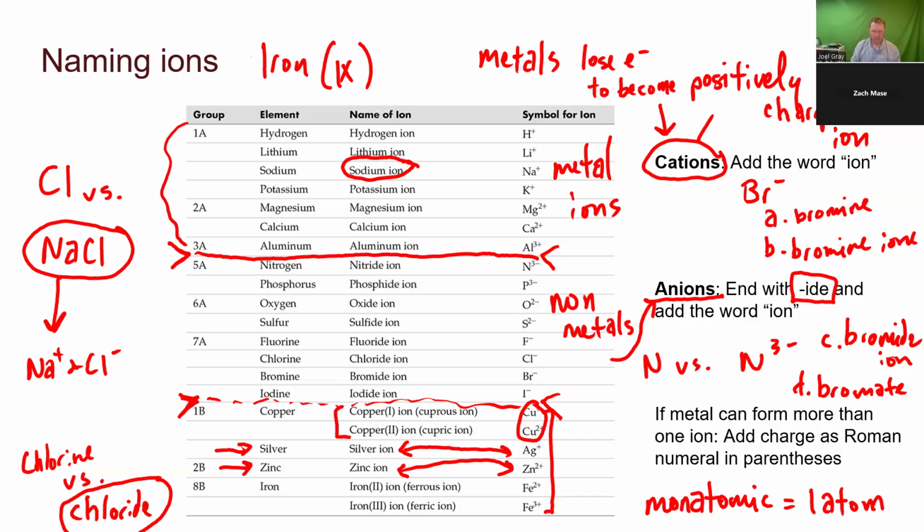If that does not make sense, add a 6. Okay. So the Roman numerals are used and deployed because we have multiple cations. So that Roman numeral indicates the charge of that cation.